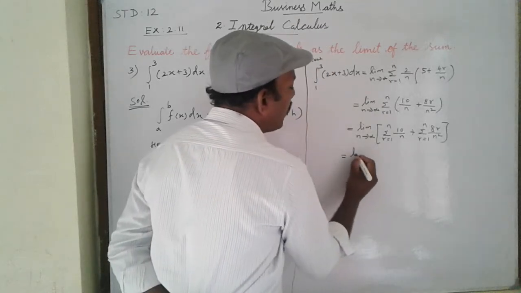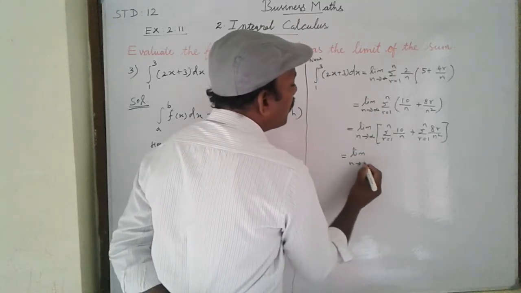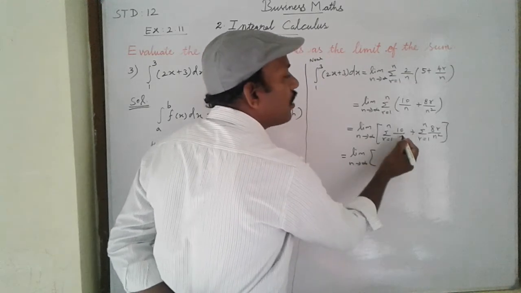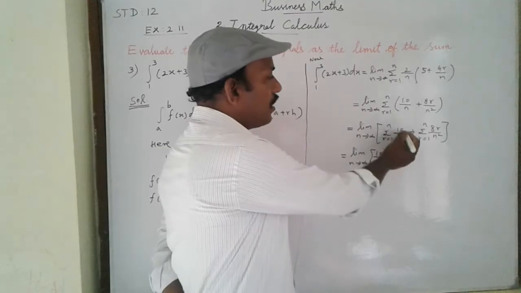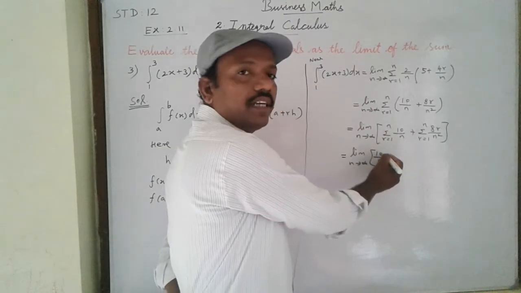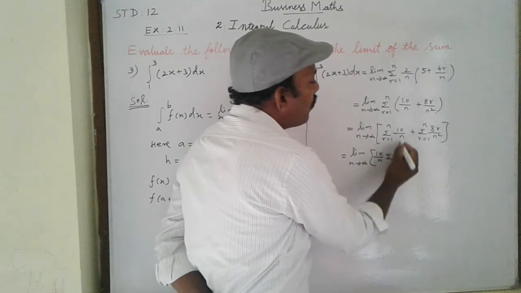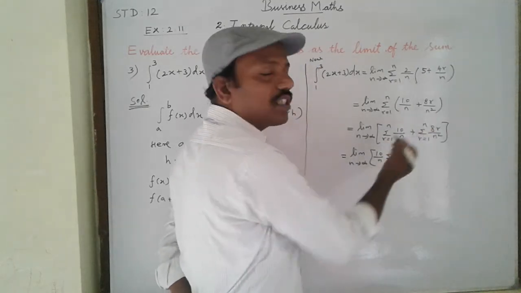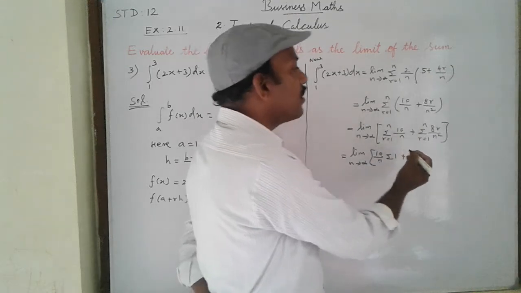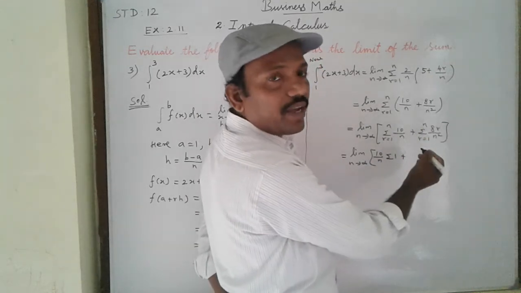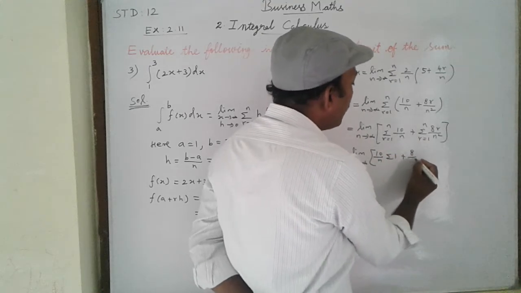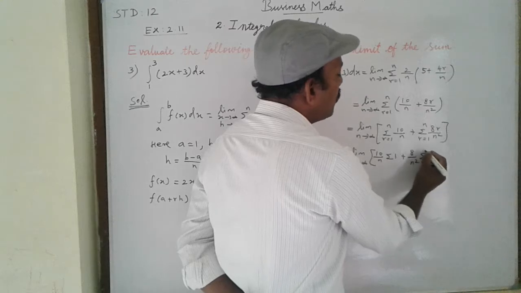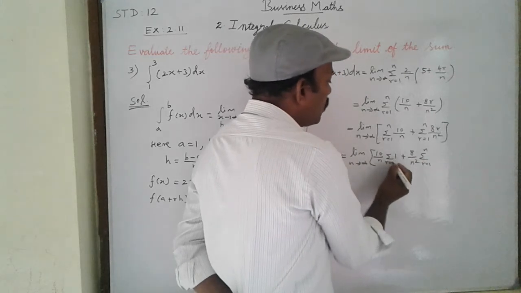That is equal to limit n tends to infinity. 10 divided by n is a constant, take out 10 divided by n sigma 1 time, so 1 plus 8 divided by n square is a constant there, r is a variable, so leave it. Take out 8 divided by n square sigma r equal to 1 to n, here also r equal to 1 to n.